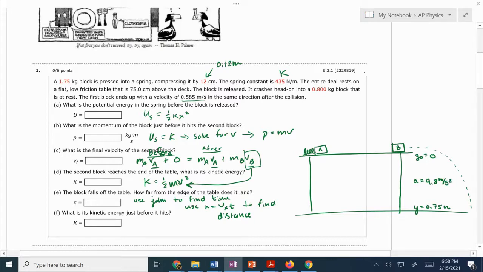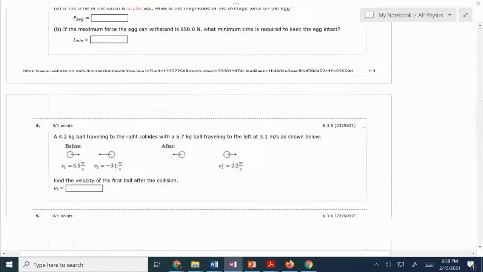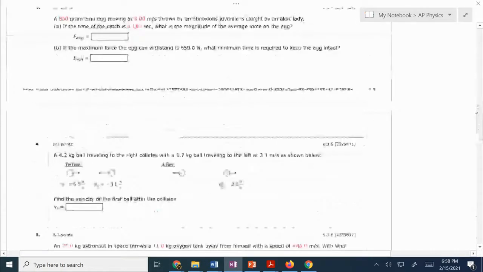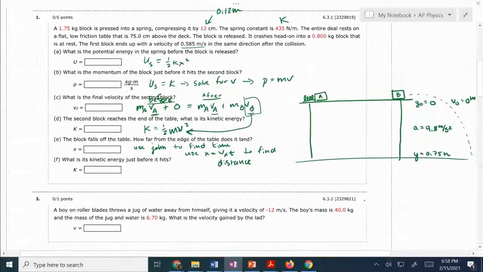That allows you to find the time. Remember that the initial vertical velocity v naught is equal to 0 meters per second. Do not use the initial velocity you found in C for that, because that's the horizontal velocity. But that is your v_x, because it has a horizontal velocity there.